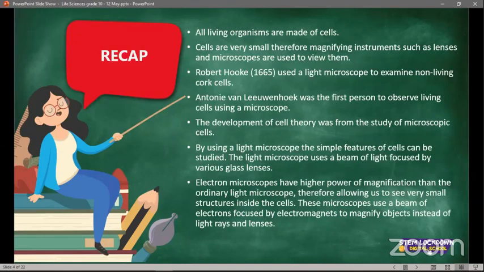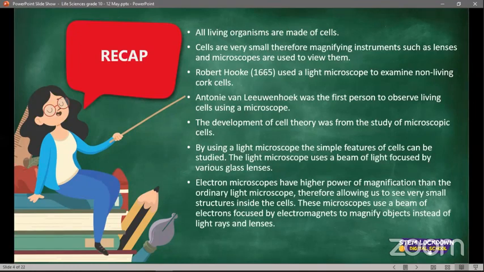And we talked about scientists who helped with the discovery of cells and the development of microscopes. We mentioned Robert Hooke, who used the light microscope to examine non-living cork cells. And this was in 1665.